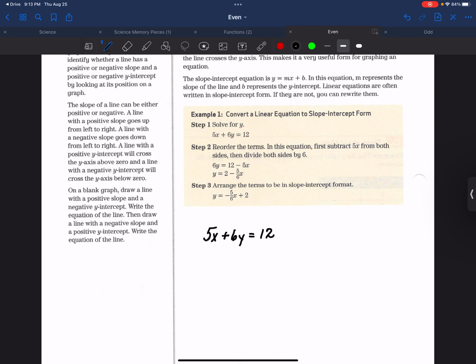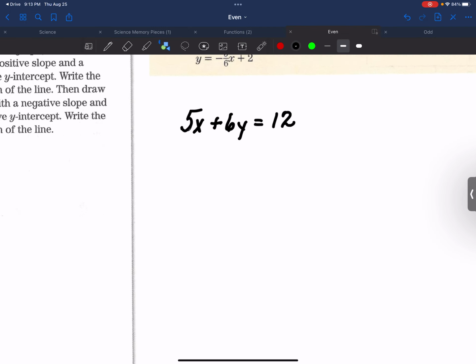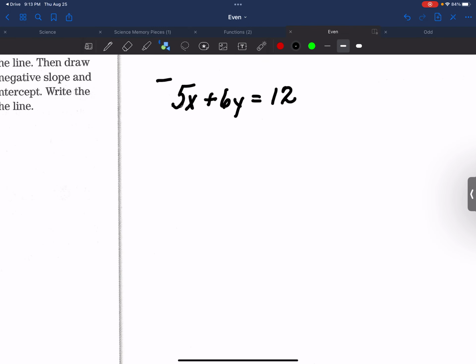That's in standard form. They want us to convert it to slope-intercept form. So the way that I taught you to do that, again, their explanation's great, but let's use what we know. Remember, we said we put our pattern down on top. That's what we want. Slope-intercept is y equals mx plus b.